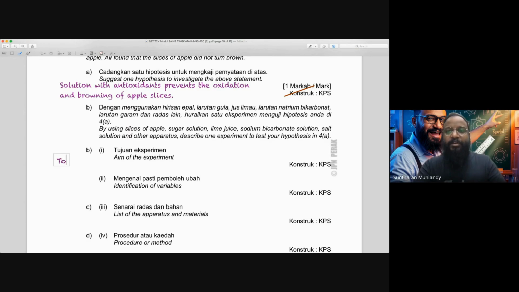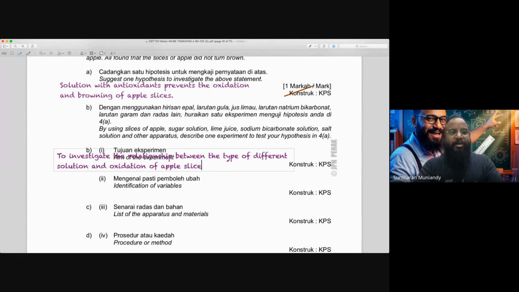To investigate the relationship between the type of different solution and oxidation of apple slices.